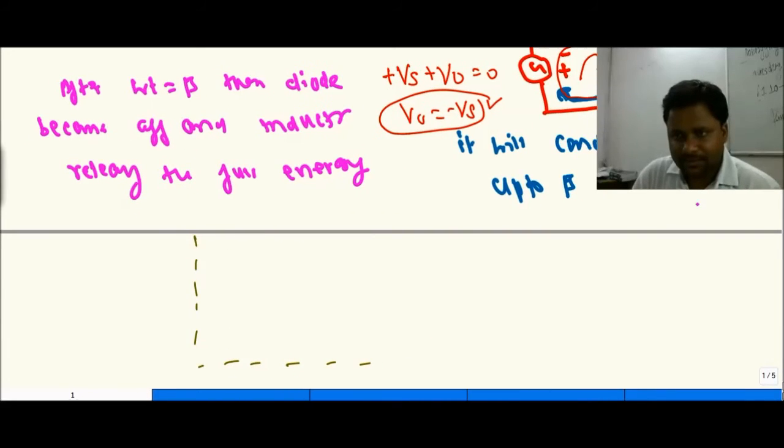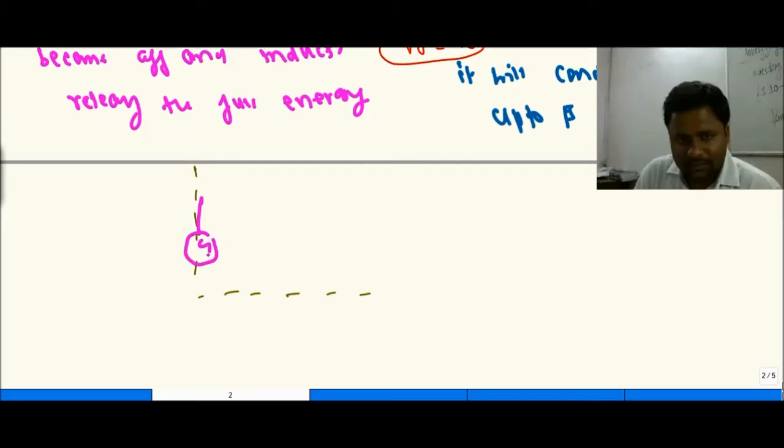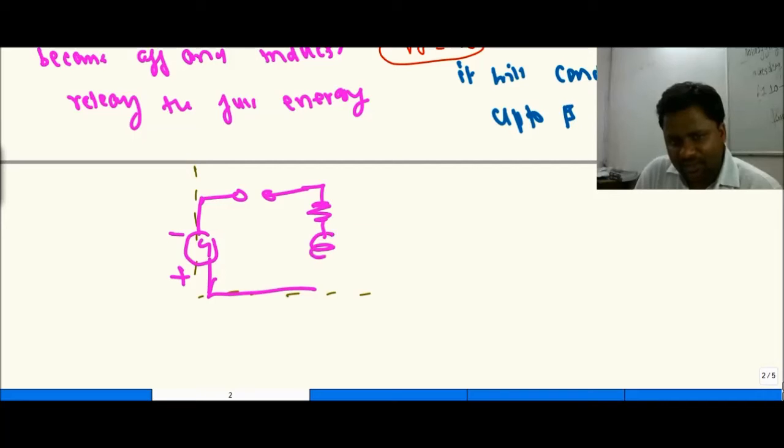That means this is our system, plus minus. Now the inductor doesn't have any energy, it will release all the energy from the force conducting diode and dissipate in the resistance.